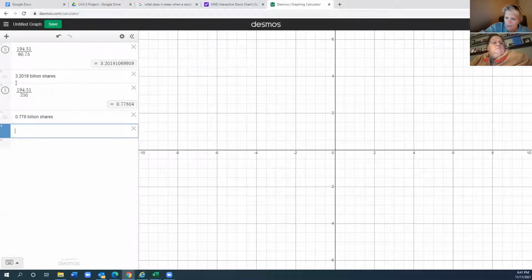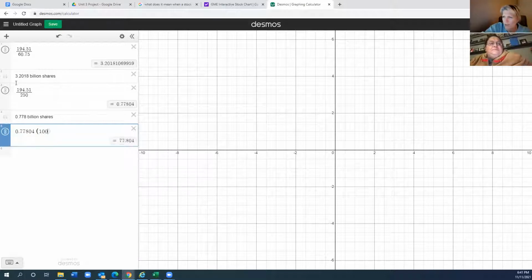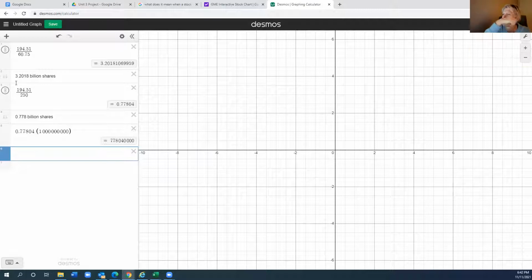So you would have to take that 0.77804 and multiply that by 1 billion, which is 9 zeros. And so that would actually come out to be 77,804,000.